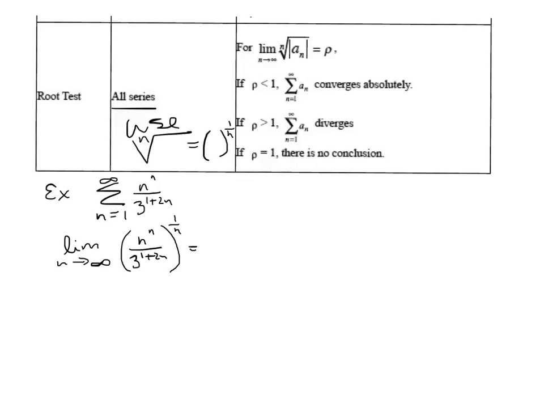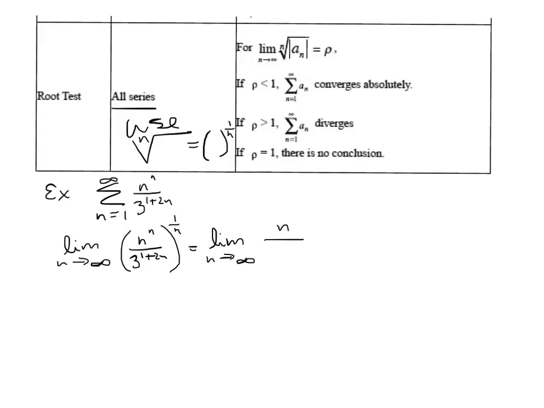All right, so this would give me a limit as n goes to infinity of, in the numerator, n, because I've got n raised to a 1 over n, so that just gives me n to a first power. And then in the denominator, I multiply through the 1 over n into that exponent.